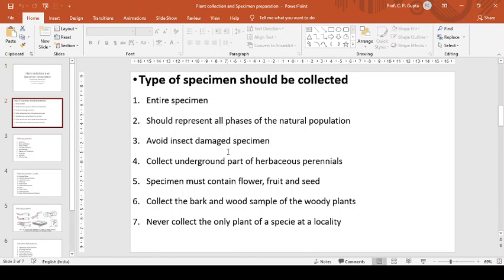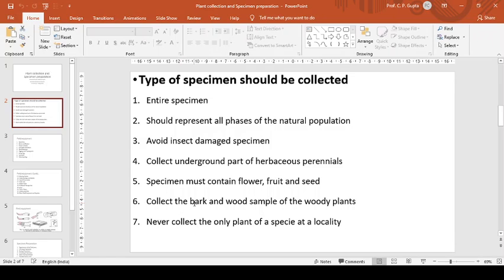Then avoid collecting insect damaged specimens. Collect underground parts, that is root, bulb, rhizome, tuber, etc. of herbaceous perennials. Collect those specimens of flowering plants that contain flower, fruit and seeds because keys are prepared mainly on the basis of these floral characters.